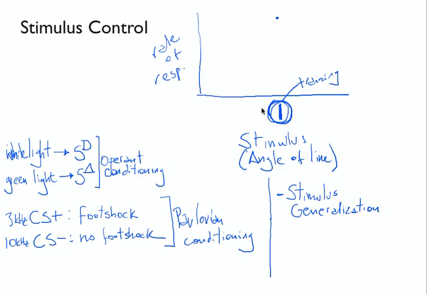Then, it's very important, this is the training stimulus. And then you test what happens when you present slightly different angles.